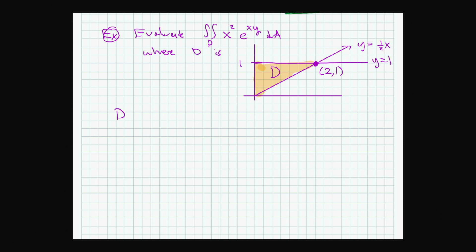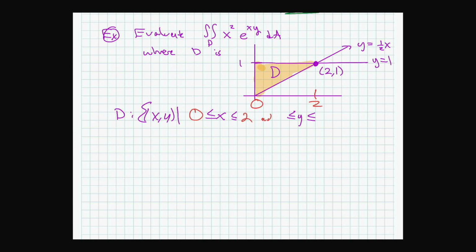So D is the set of (x, y) such that x is between something, y is between something. So for the x, if we're treating this like a type 1, you need to know the minimum and maximum x values. So, of course, that's 0 and 2.